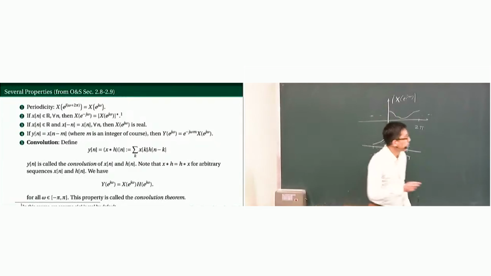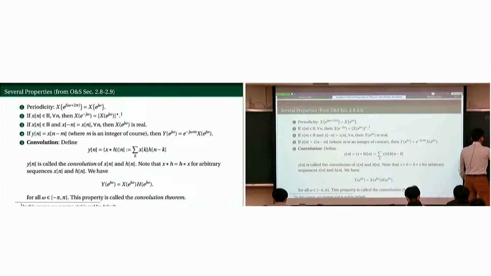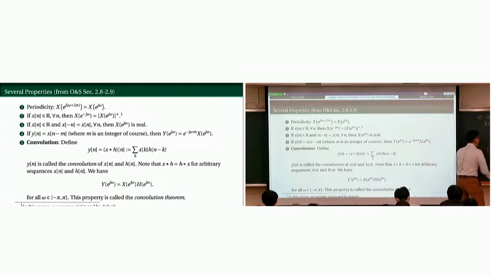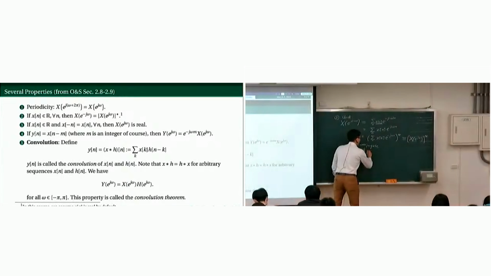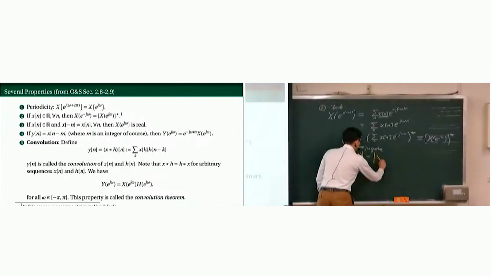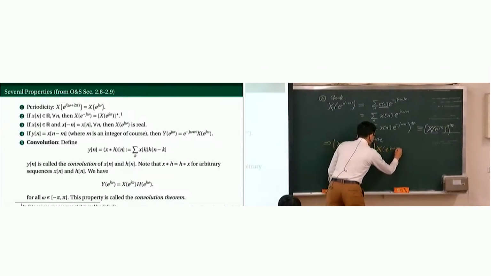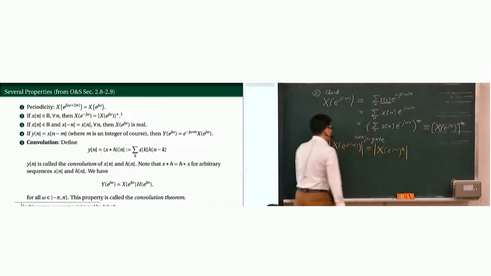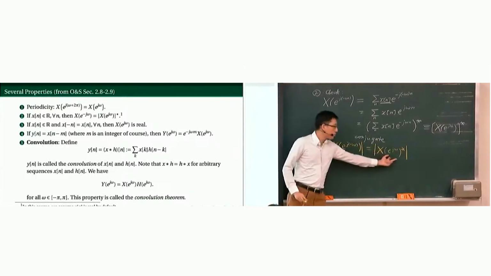So there's a kind of a consequence. Let me write it. Because of number 2, X(e^{-j omega}), when you evaluate the magnitude spectrum at negative frequency, negative omega, it's going to be the same as evaluating this, right? What's here is equal to what's here, right?